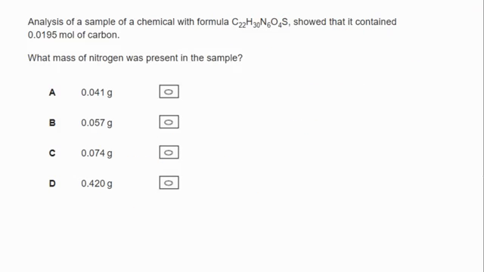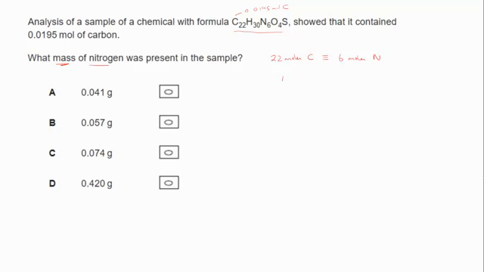A second question that we can look at is we've analysed a sample and we've got this formula here, and it shows that we've got 0.0195 moles of carbon. What mass of nitrogen? If we look at this formula, 22 moles of carbon is going to be the same as 6 moles of nitrogen.